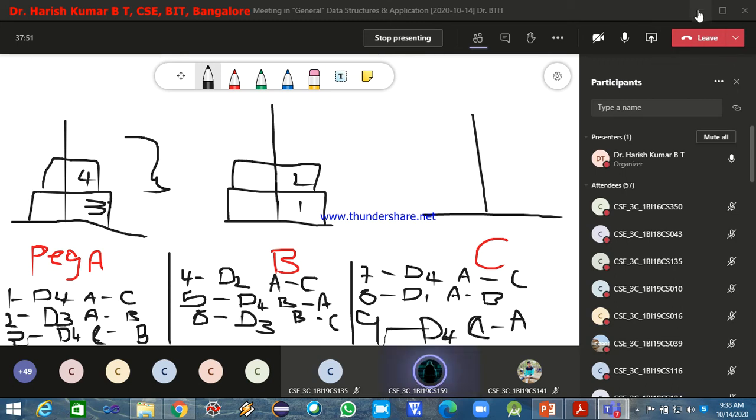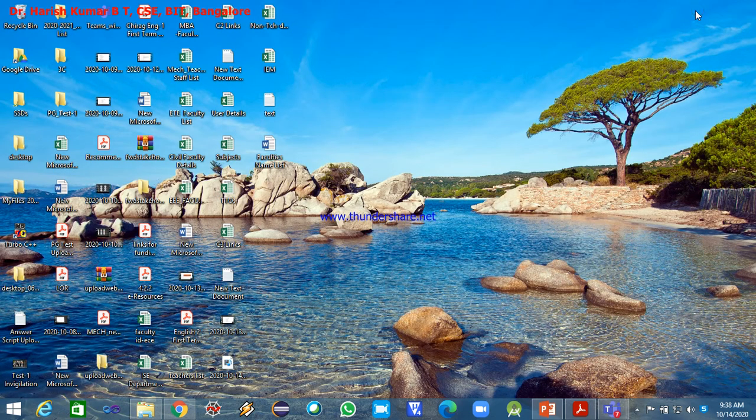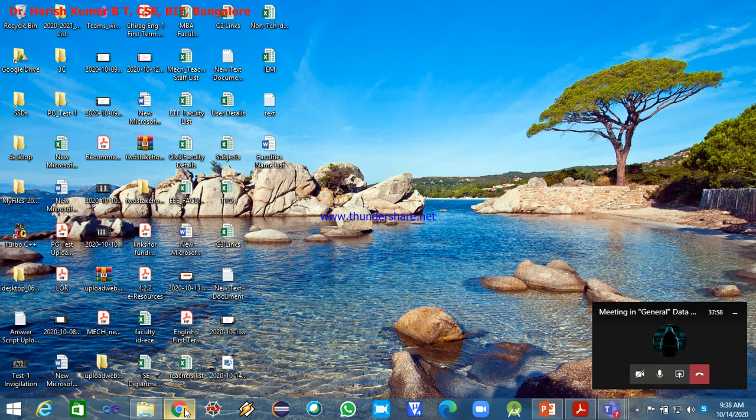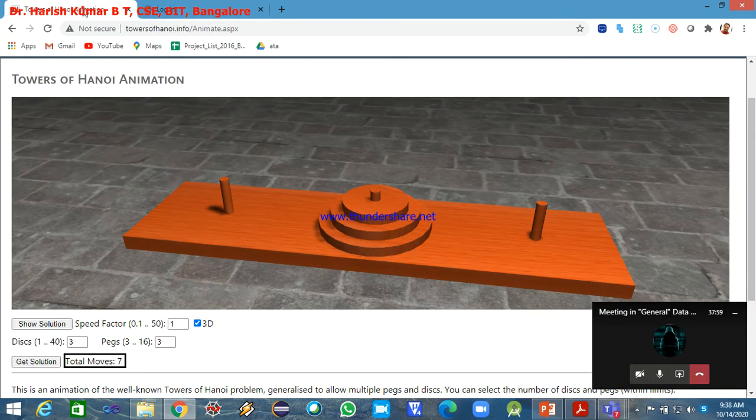So I'll show you now. Okay, so you understood how to move it with 2 conditions. I have the animation here. We'll go with this. I think I have to reset it again.